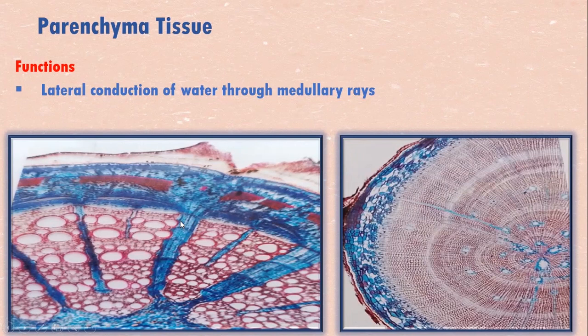So there's lateral conduction of water. Water moves from one cell to the next across the medullary rays, so that the cells here are always alive, keeping the plant tissue alive. Here are medullary rays, and water moves across like this. That's parenchyma, very neat.